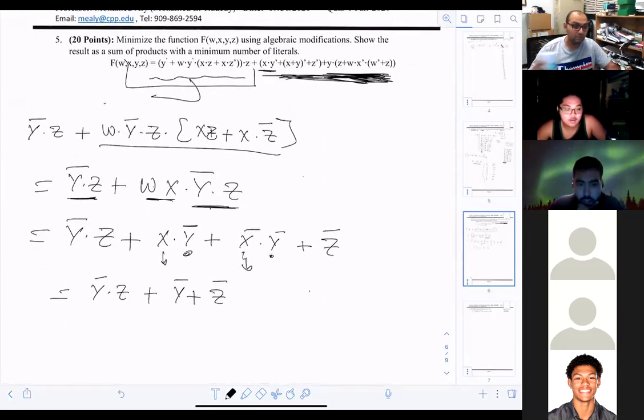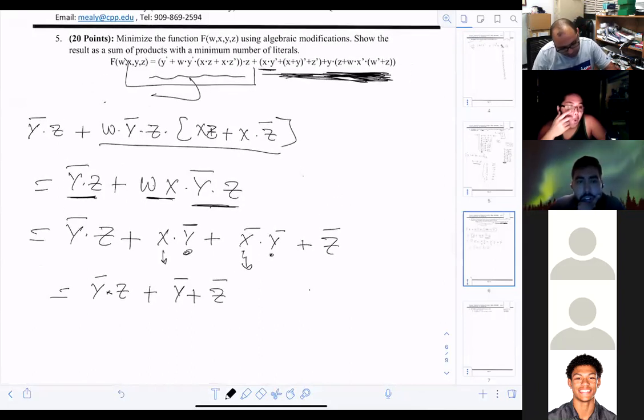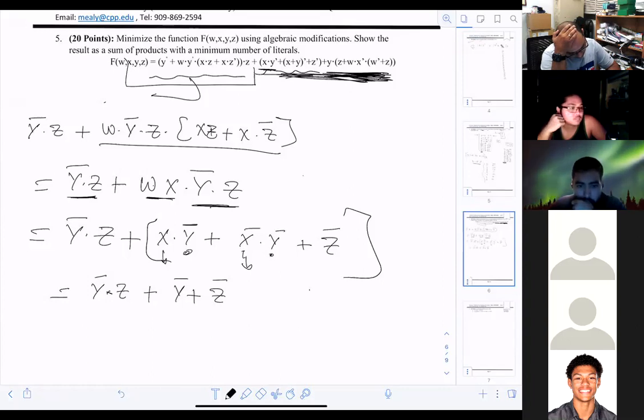Professor, I have a question. How do we end up at just Y complement Z two lines up? You mean here? I'm just moving by term. So this term is coming from here. Just right above that, where it's W, X, Y complement, and Z all ANDed together. Did we just get rid of those?